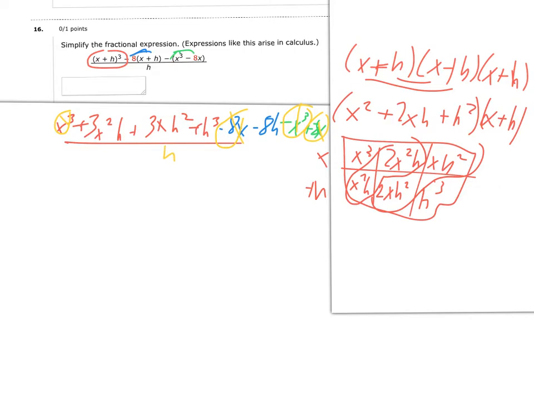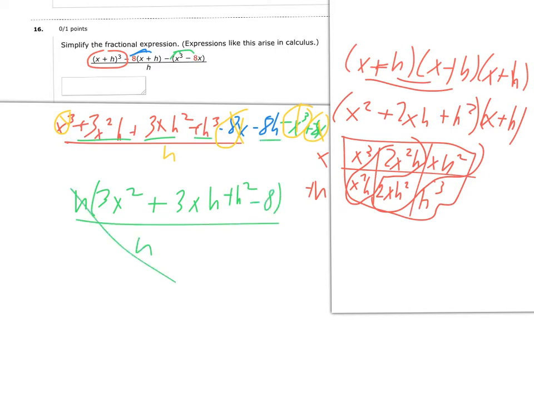And what I notice here is that all of these terms that are left all have an h in them. So what I'm going to do is pull an h out front, which will leave me with 3x squared from this piece, and then 3xh from that piece, h squared from that piece, and negative 8 from that piece. I want to pull that out front so I can cancel it down, and then that's my final answer in there.